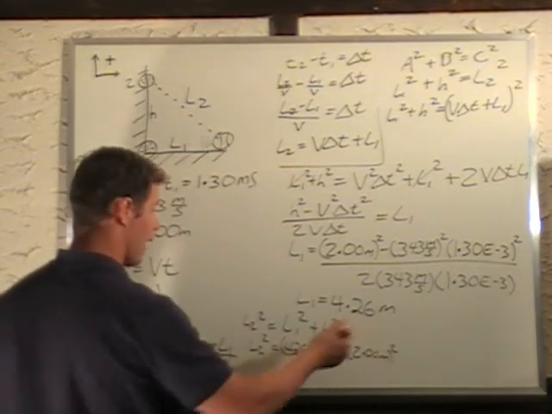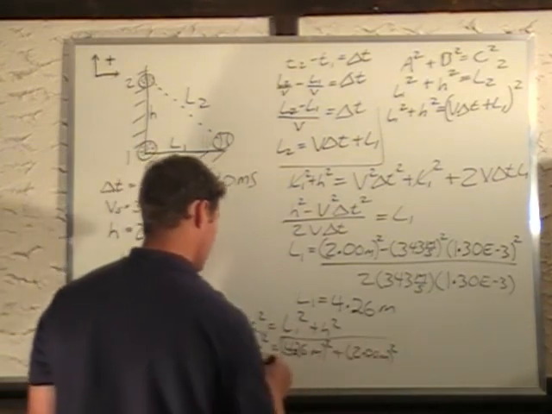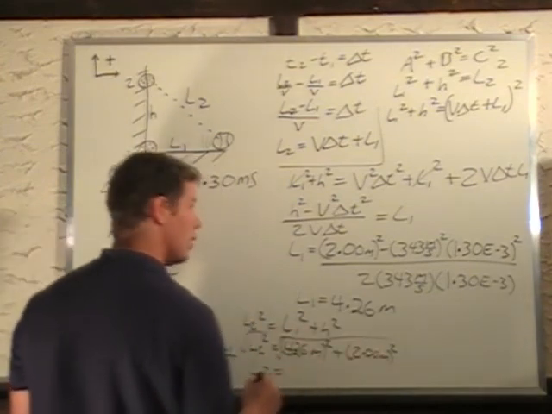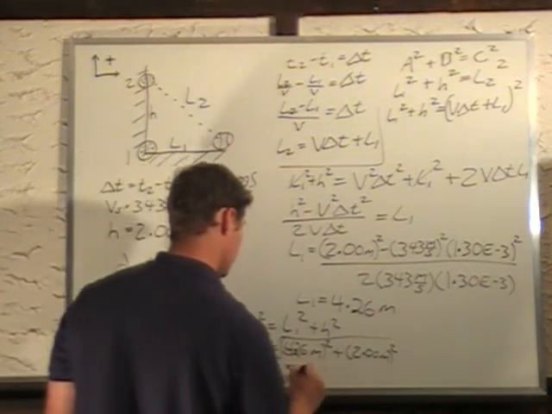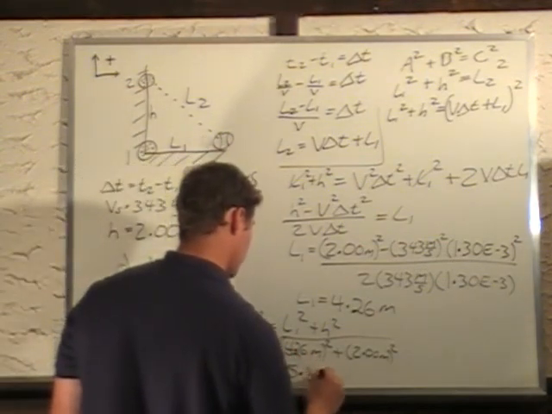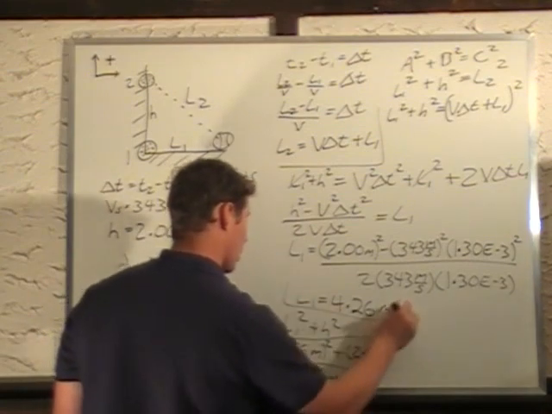So add those up, then we have to square root both sides. We get L2 as a value of 5.85 meters. So those are our final answers.